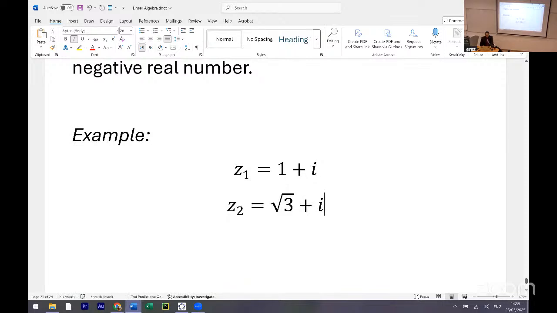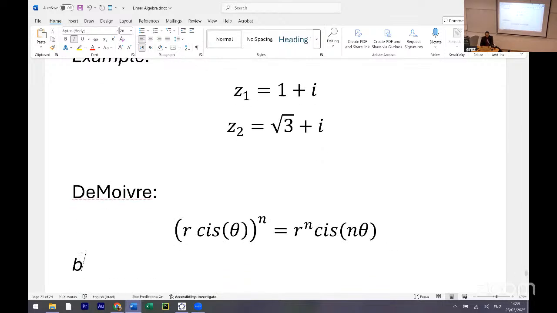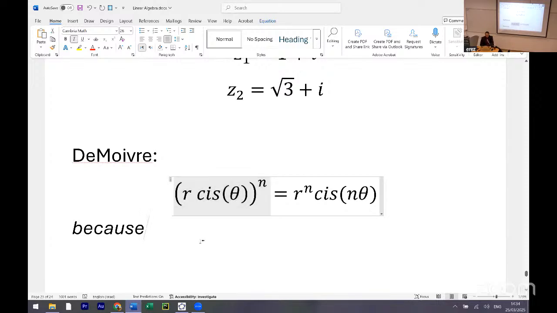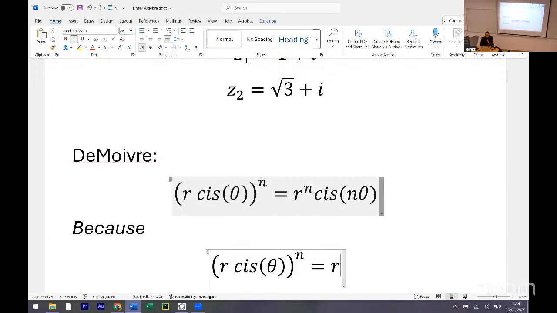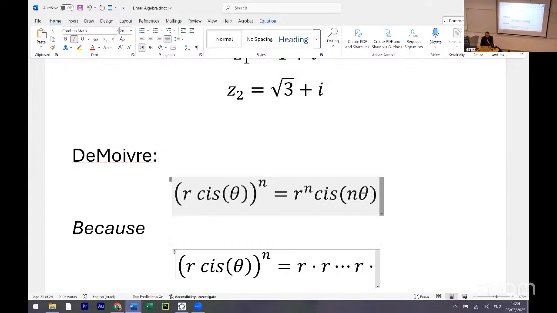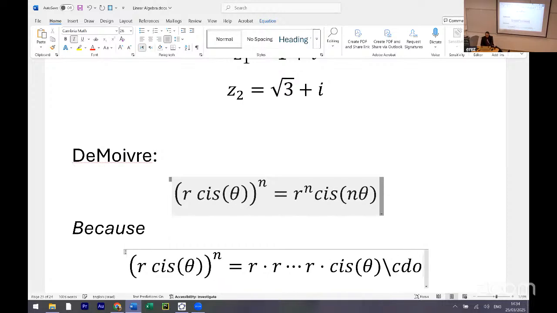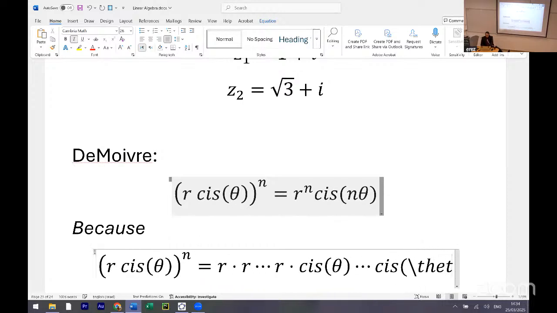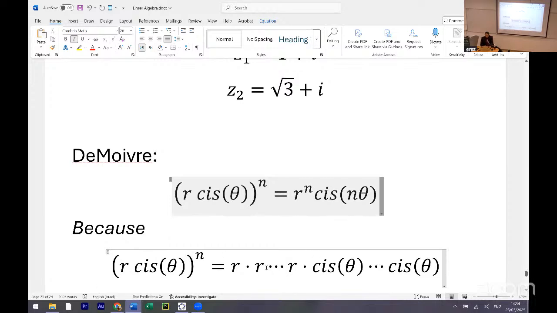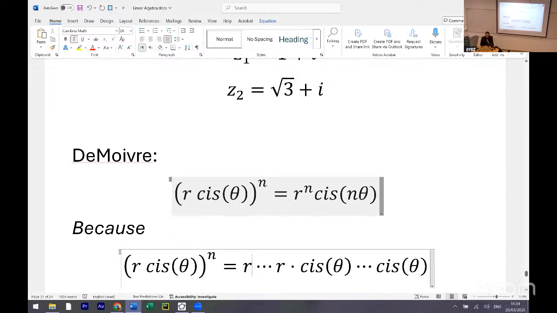I'll write the Moivre law here with an explanation, because this actually equals r times r times r times cis of theta times cis of theta times cis of theta.